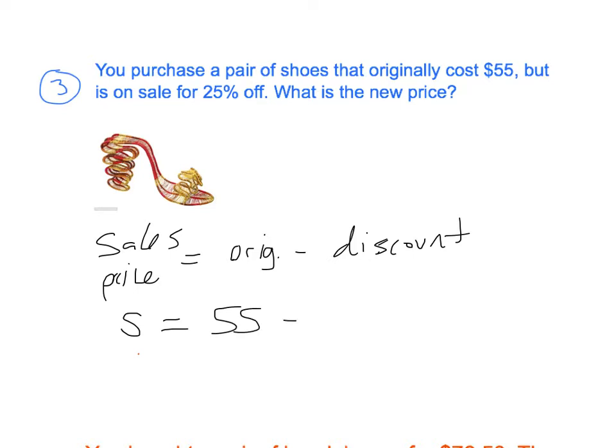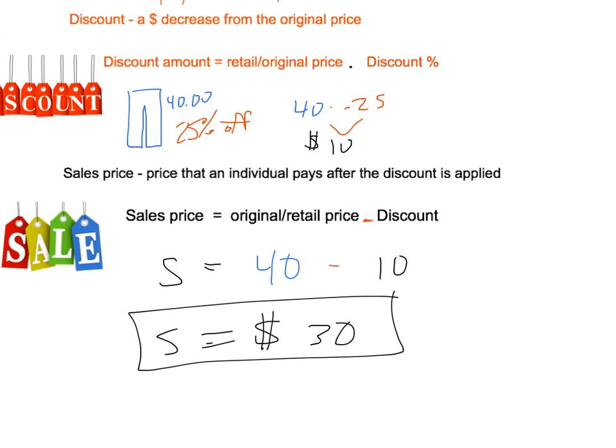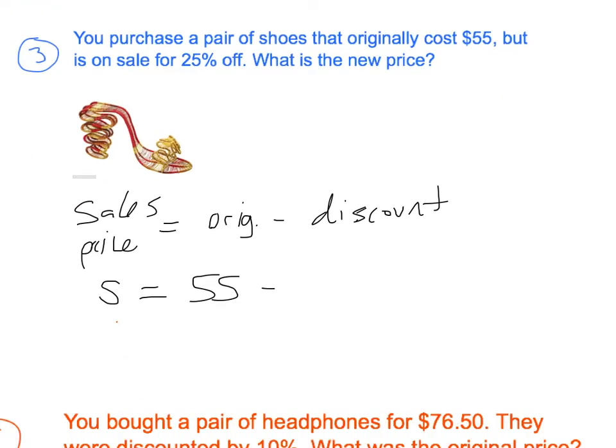Well, they give us a discount percent, but they don't give us the discount amount. So we need to go back and reference this equation to figure out how we find the actual discount amount. Well, I'm going to take the original price times the discount percent. So that is going to be original price of 55 multiplied by 0.25.